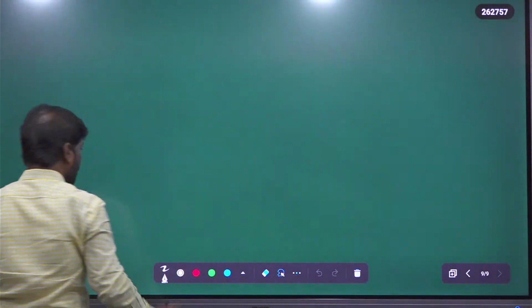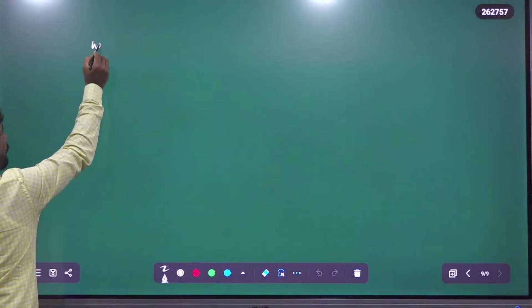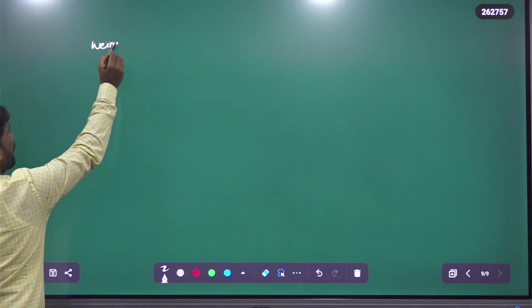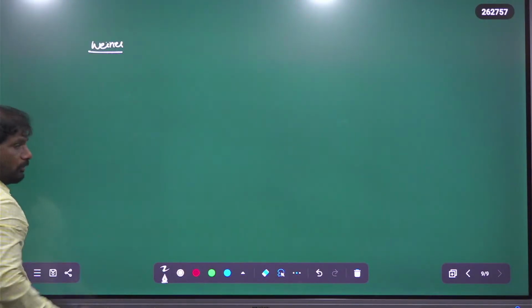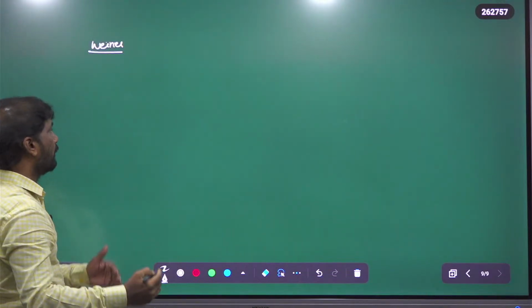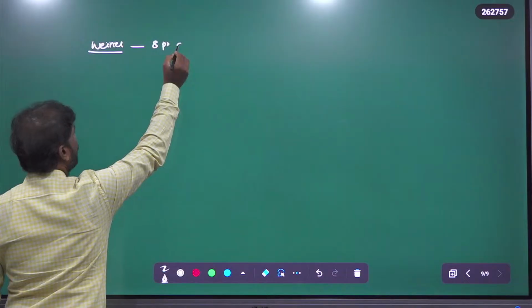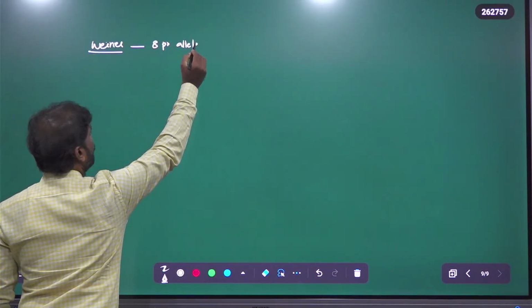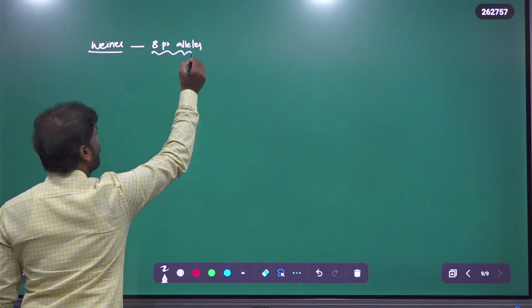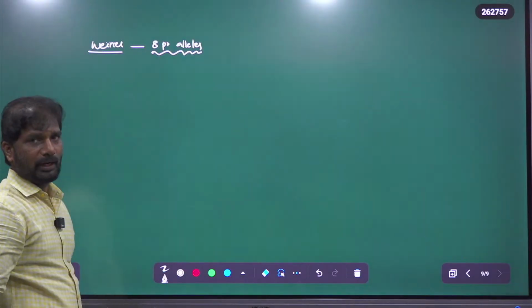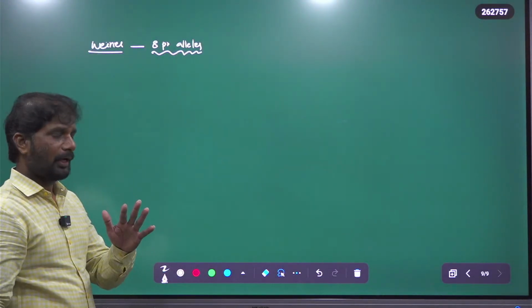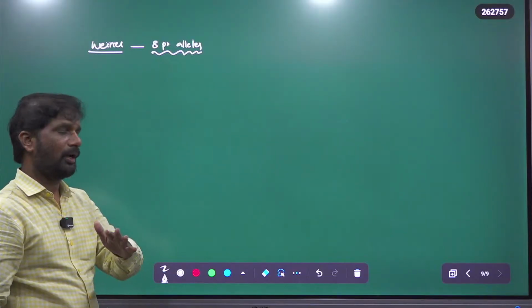Then the Wiener scientist also proposed another theory. According to that theory, there are 8 pairs of alleles present. By this also you can say that the Rh antigen is present or absent.